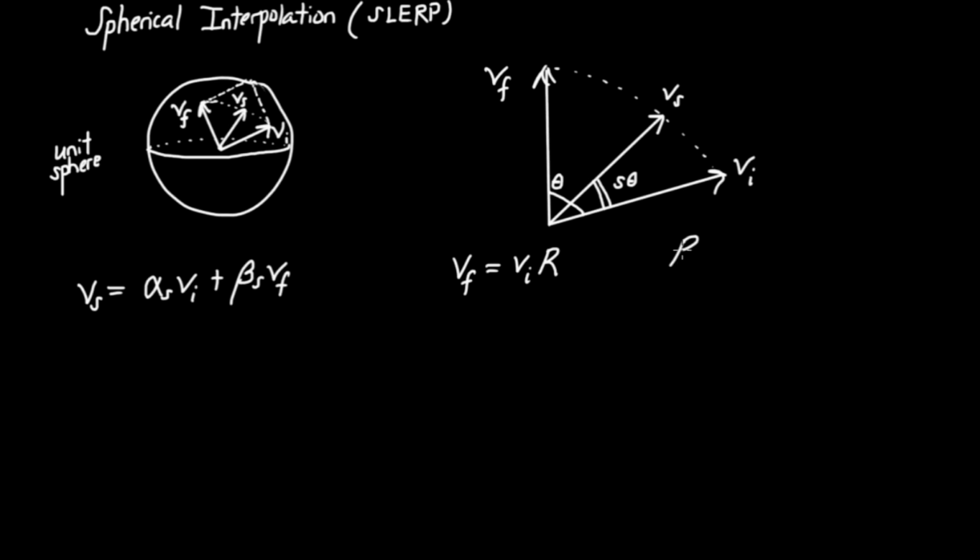So this rotor R that moves V_i over to V_f is simply going to be e to the theta, where that's that theta, times b hat, where b hat is the unit bivector in the plane of V_i wedge V_f.